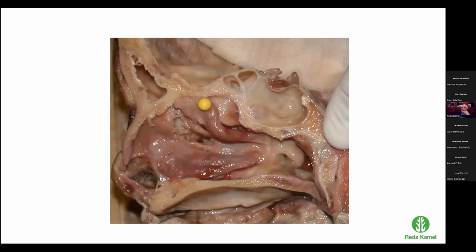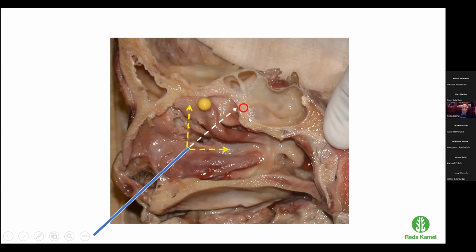Again, skull or cadaver dissection, at Cairo University with Professor Ahmed Zohdi. Here we are. Usually, we use our endoscope going between the nasal septum and the inferior turbinate, and then between the nasal septum and middle turbinate, and then nasal septum and the superior turbinate to reach the anterior wall of the sphenoid.